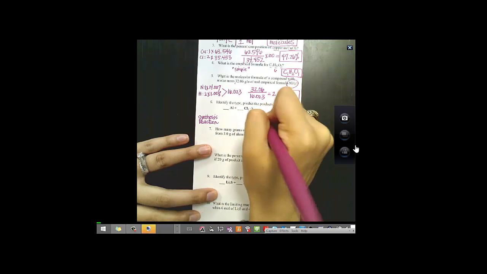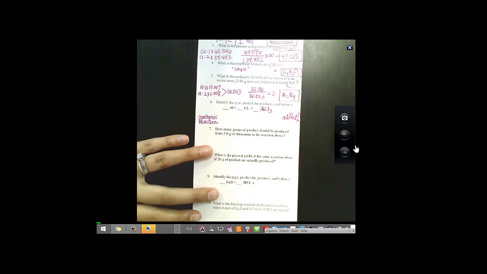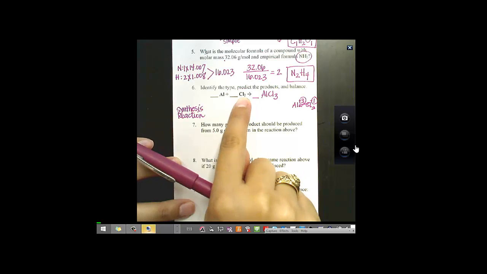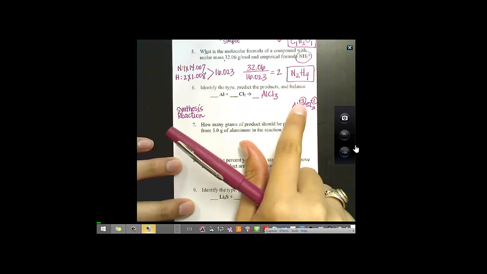So the product we actually make is AlCl3. Notice we can't just slap these two things together and call it AlCl2 because that wouldn't be neutral. There needs to be a 3 there because we checked the charges and switched them.